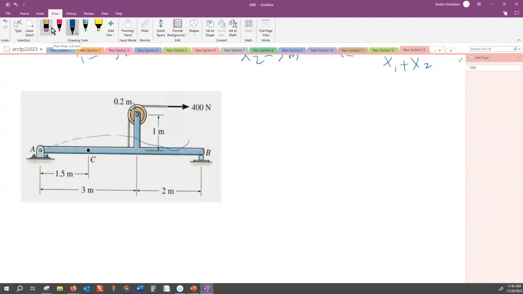The second thing is, I do need to find the internal force at C, but can I do this without finding the reactions? Can I find internal forces without finding the reaction? The answer is no, because I have two options.